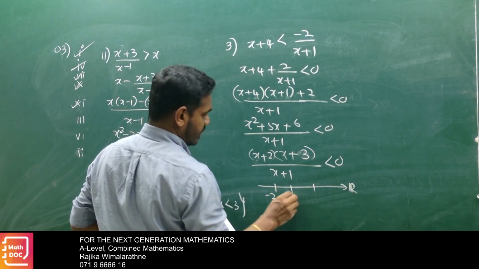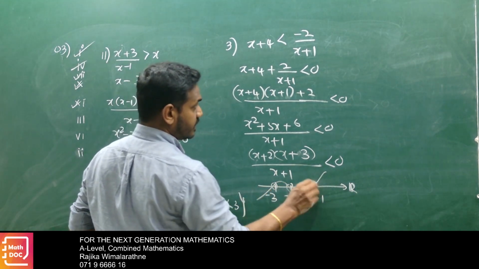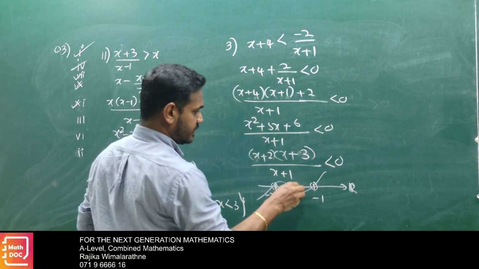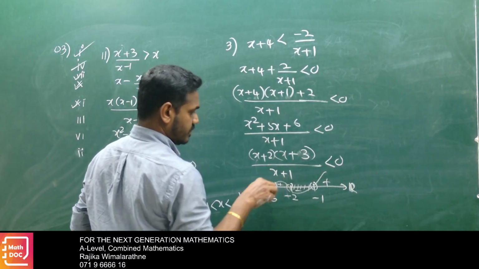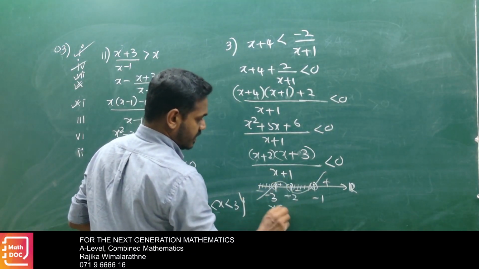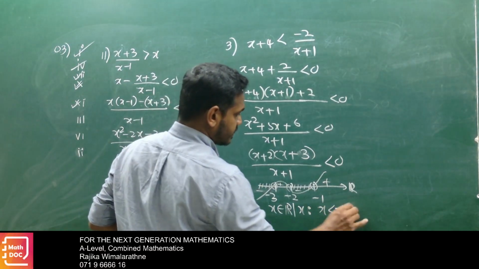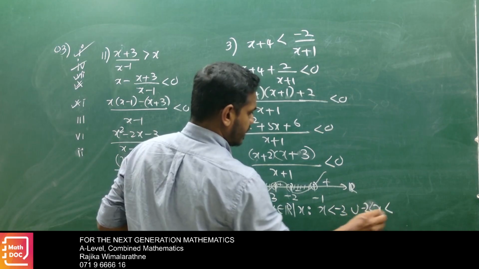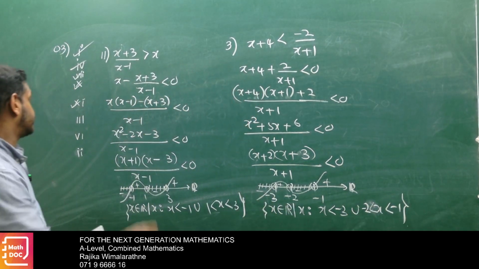The zeros are minus 3, minus 2, minus 1. We don't have equality now, so the negative region is here and here. Then x is an element of the real set such that x is less than minus 3 union x in between minus 2 to minus 1. That is the third one.